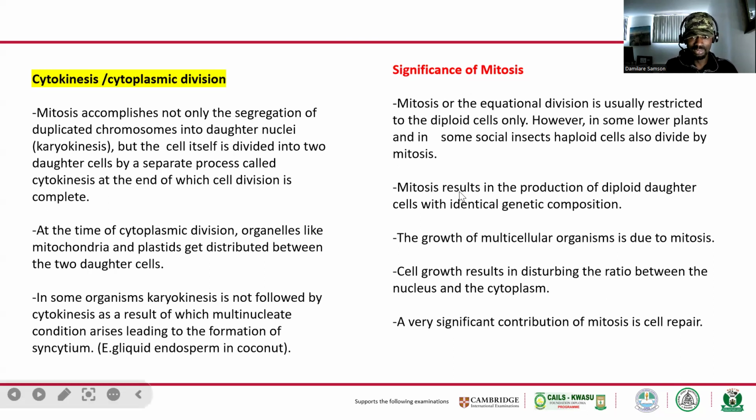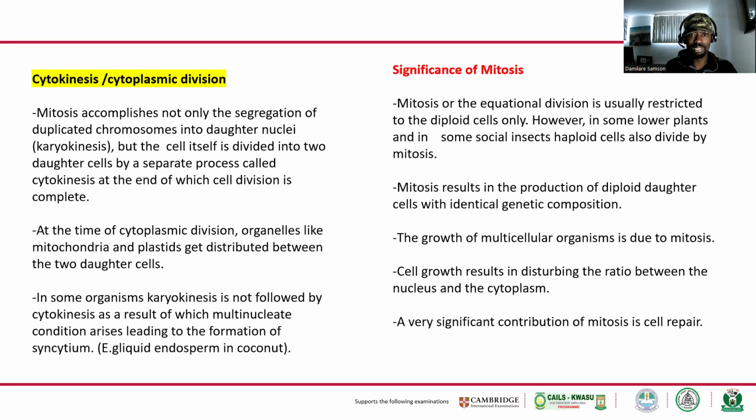Now, a very significant contribution of mitosis is cell repair. That's also an example. When you have a cut on your hand, and after a while you notice that the whole place is covered up, and you feel that a repair has happened, it's not just eating protein.